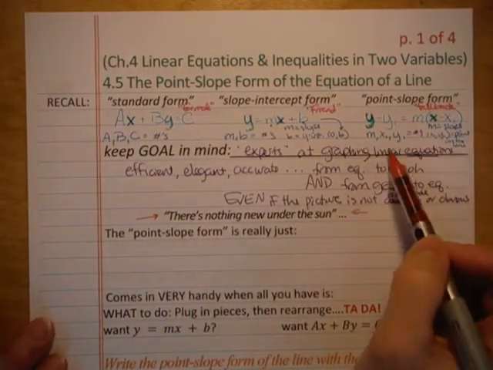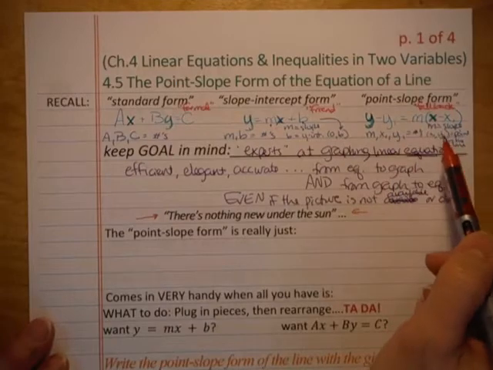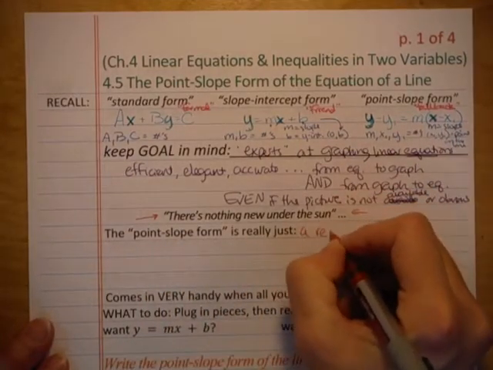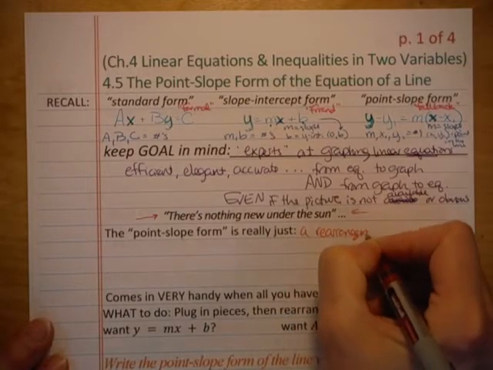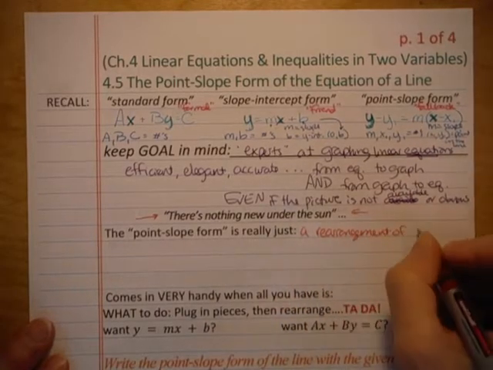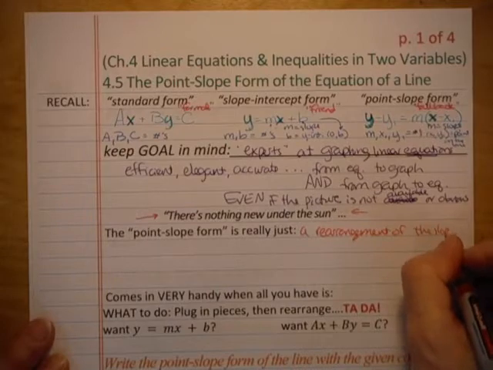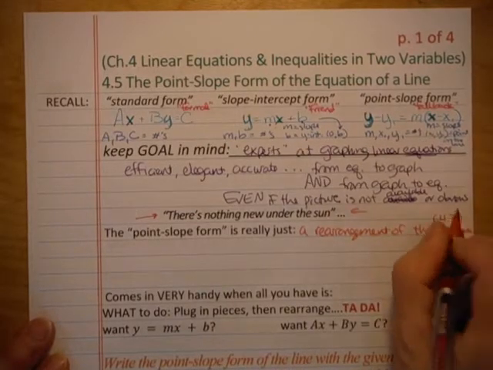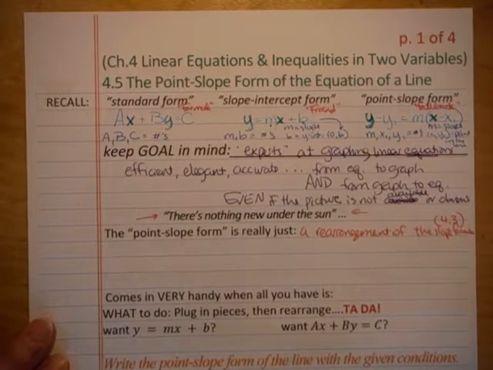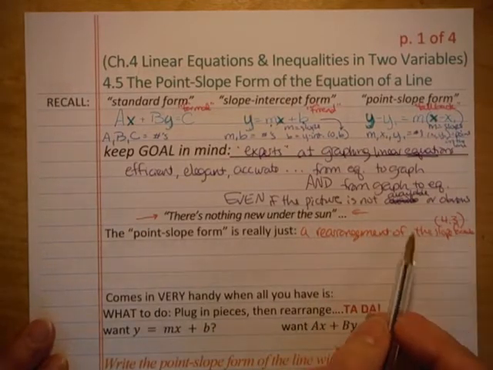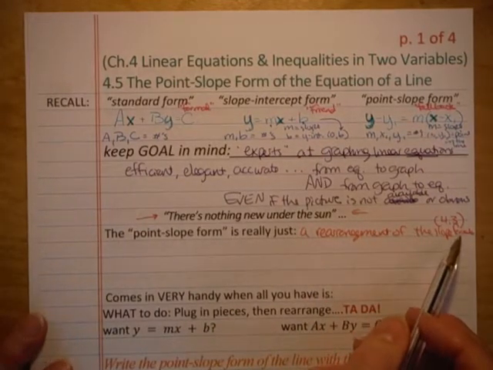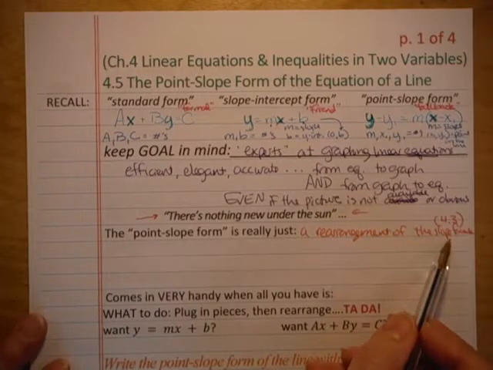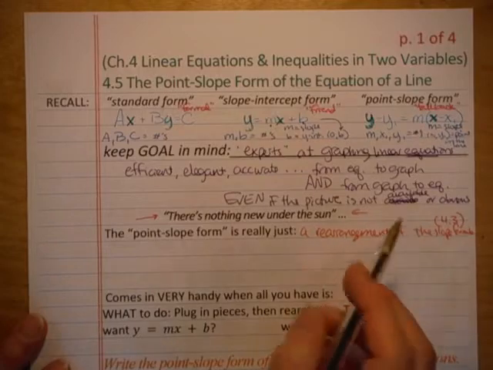It's really not a new equation that you have to memorize, because the point slope form is really just a rearrangement of the slope formula, which we learned in 4.3. And hopefully you've been writing it out and saying it every time you used it so far to find slope between 2 points, and now you've got it practically memorized. That's the way to do it.